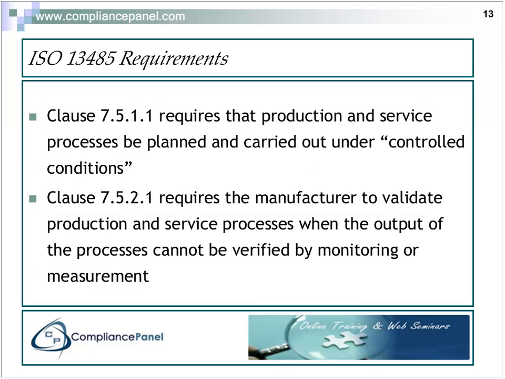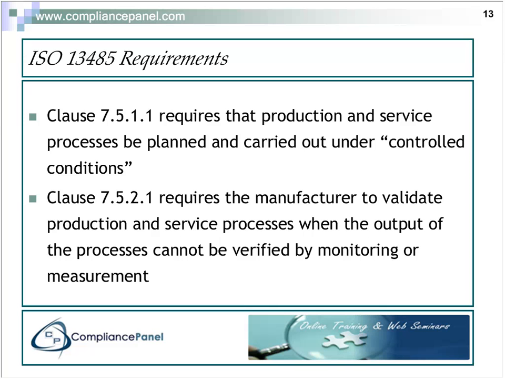to this particular standard. In Clause 7.5.1.1 in this standard, and generally Clause 7 is product realization, it does require that production and service processes, and notice it says production and service, must be planned and carried out under controlled conditions.